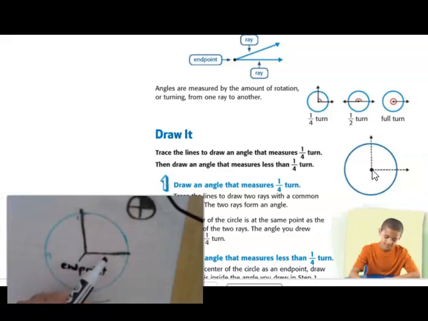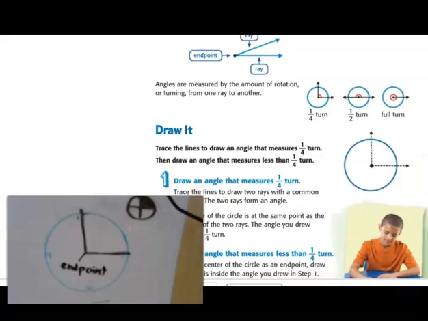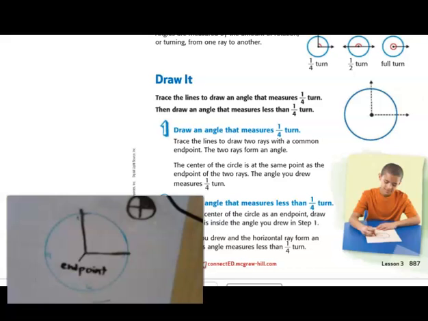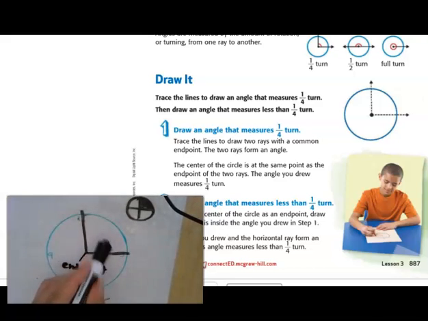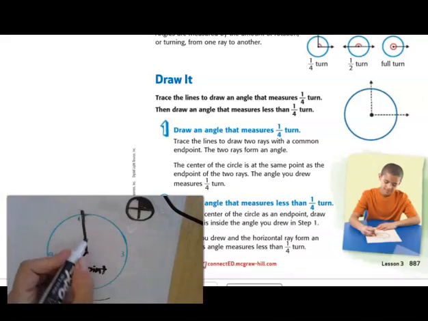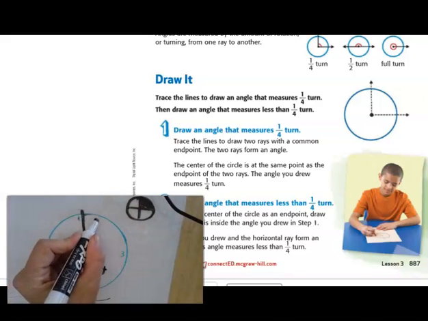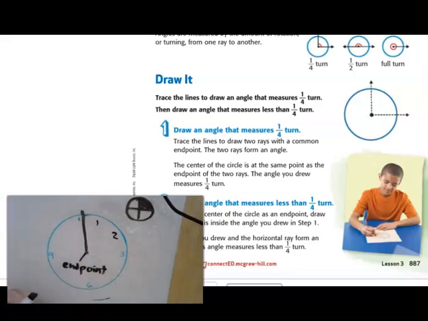And as it said, this is a quarter of a turn. Now, if we needed to draw an angle that is less, as it's asking in number 2, an angle that measures less than a quarter of a turn, I'm going to make something that is slightly shorter than this. So I'm going to erase my quarter turn, and I'm going to make something smaller. So if you were looking at a real clock, you would see 1 and 2 in here.